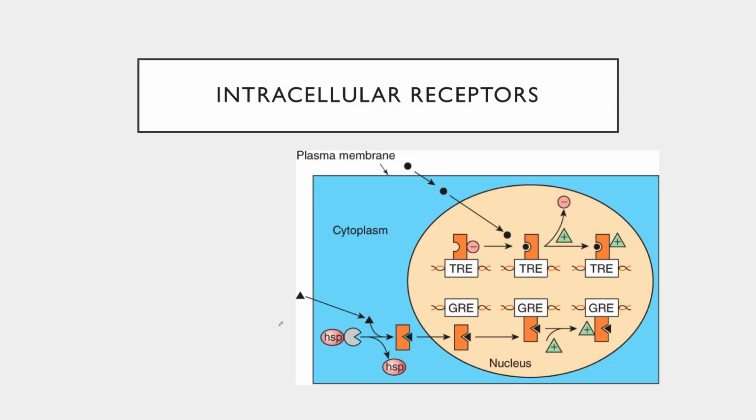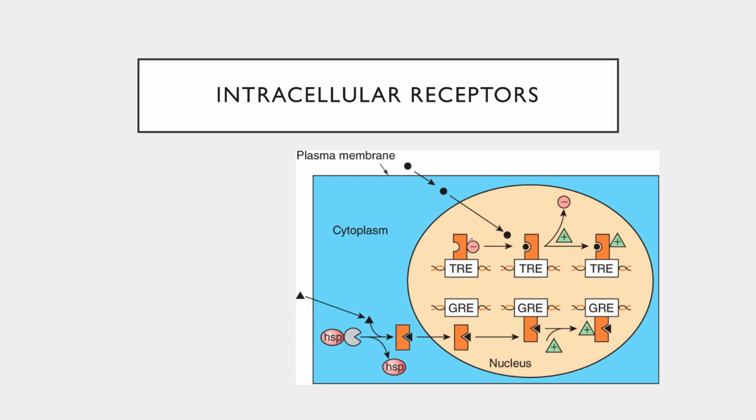So generally speaking, there are two major classes of intracellular receptors. You can see here that if this is our hormone, it will move into the cell through the plasma membrane into the cytoplasm. In this first case, our hormone can bind a nuclear-bound receptor.